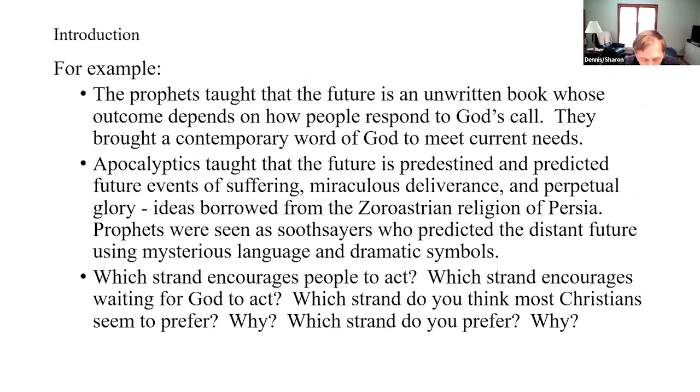That's why they call it the Persian detour. And like Sharon was saying, the prophets were seen as soothsayers or fortune tellers who predicted the distant future, a lot of times using mysterious language and dramatic symbols. And that is used quite often in the book of Daniel. It has all these symbols in it that people try to interpret. So which strand do you think encourages people to act, and which strand encourages waiting for God to act?